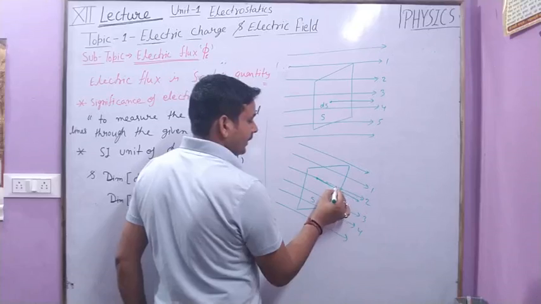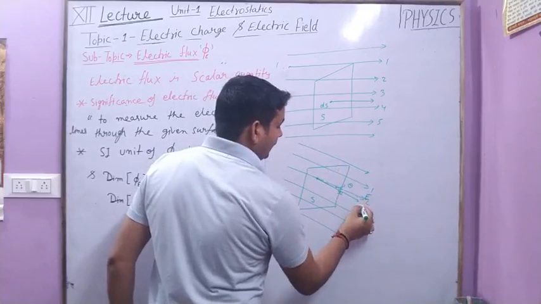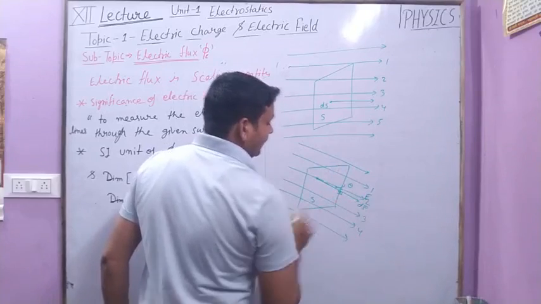This is the small angle theta between the electric field line and ds.